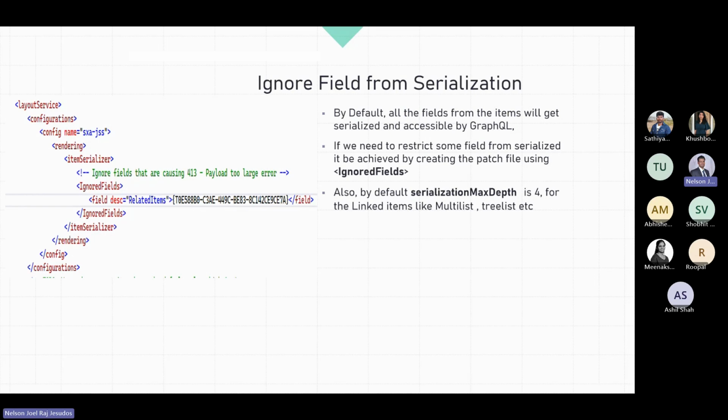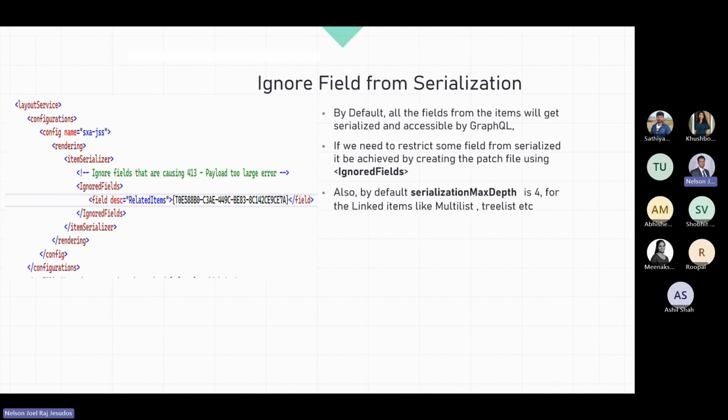Also, by default, the serialization max depth is 4. What does that mean? We have a link field, or as I told, a multi-list, and a multi-list will refer to some item. That item will again have some more multi-lists, and again it has dependencies, right? So how many levels of data do you want to serialize?